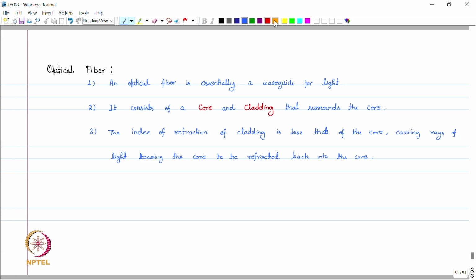So, for example, if we see the cross section of an optical fiber, it looks something like this. We have a core, this is the core of this optical fiber, and around this we have a cladding.